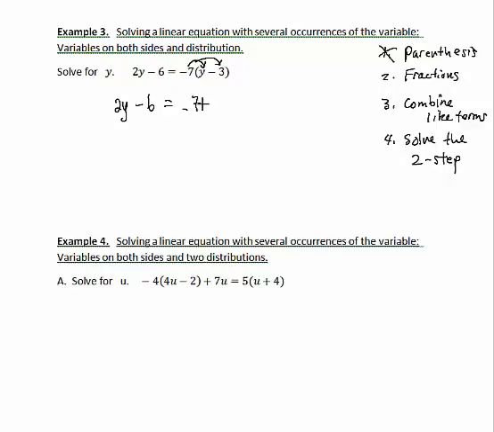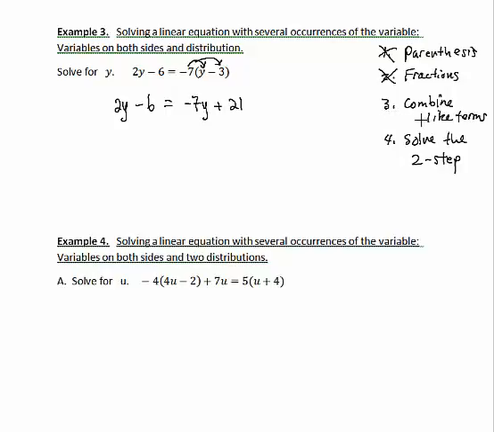That will give us a -7y, and then -7 times a -3 results in a positive 21. There are no fractions, so we don't have to address the second guideline.